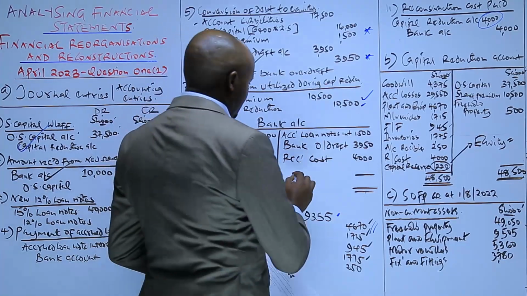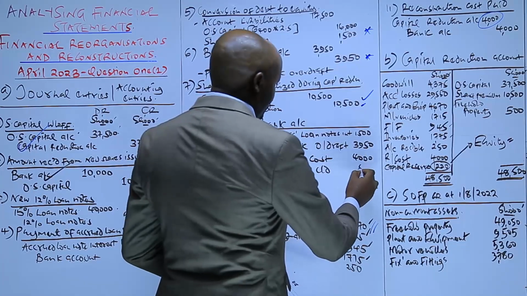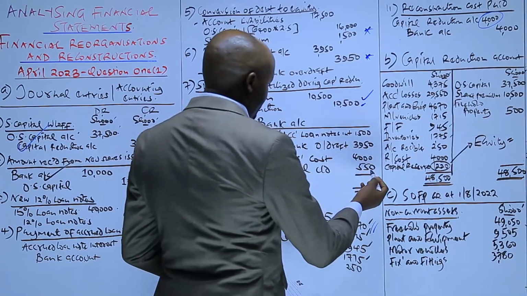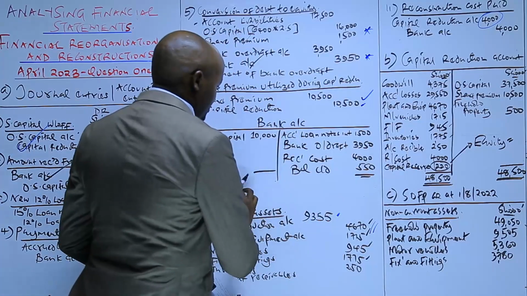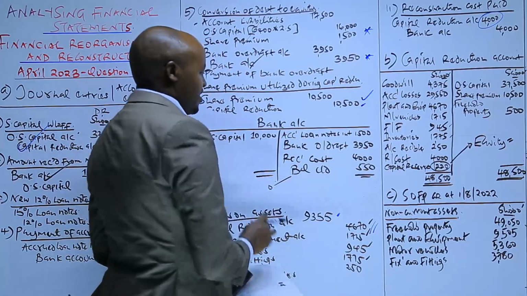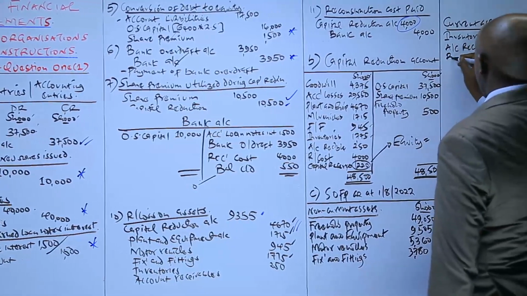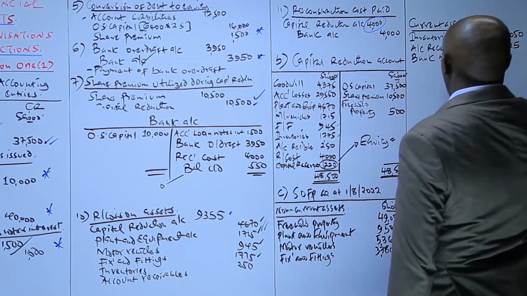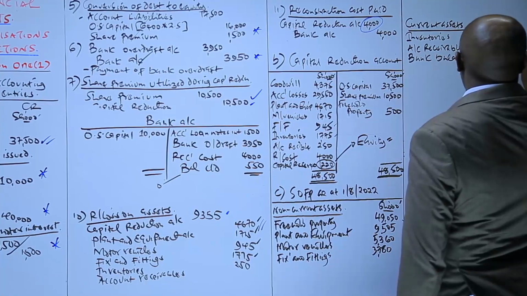So that will give us a balance carried down of 550. 550 is basically the money in the bank. You can see this will be a positive balance, meaning that in the bank there was some amount. We have a bank balance of 550.